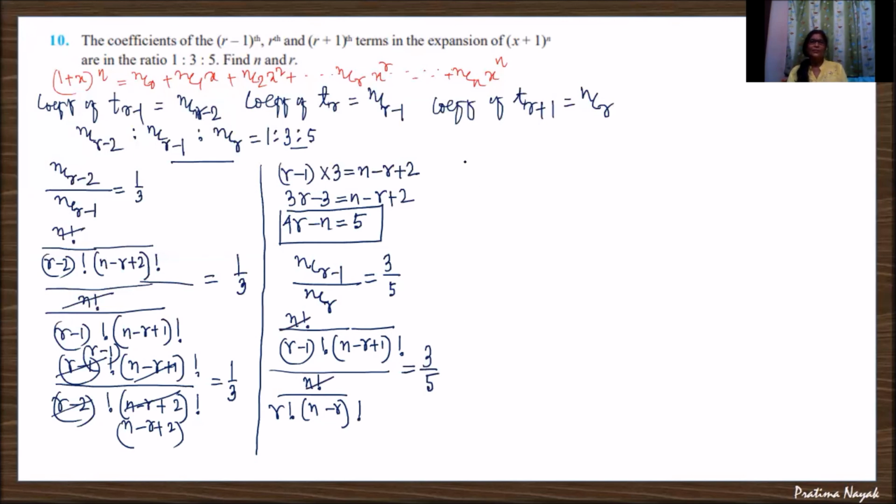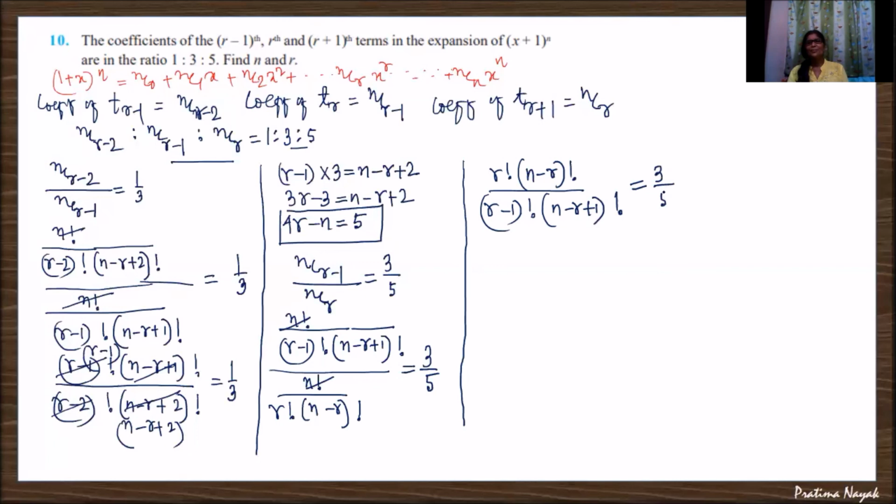So I am getting r! (n-r)! upon (r-1)! (n-r+1)! is equal to 3/5. Let us simplify now. This will be bigger, so I'll write r, and here the denominator is bigger, I'll write n-r+1. So I'm taking 5 times r is equal to 3 times (n-r+1).